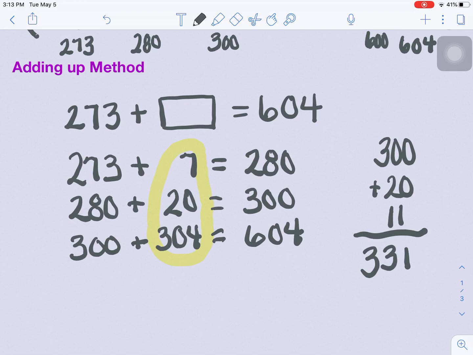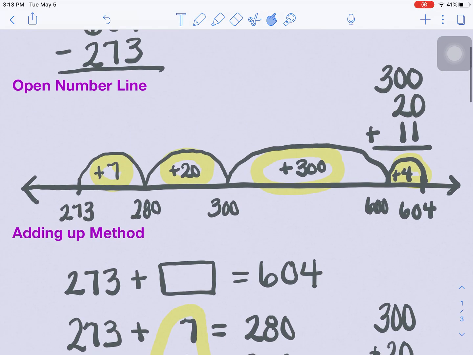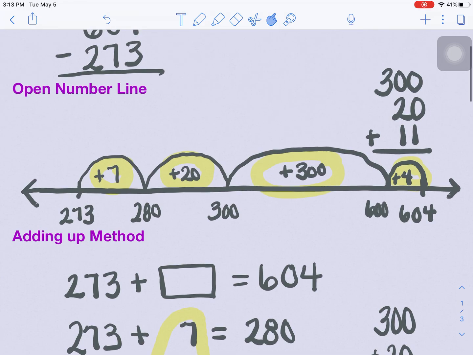Let's go back up and see if that is what we got up here too. Look at that, same type of thing. 20 and 11 would give us 31, and the 300. Oh yeah, that's 331 as well.